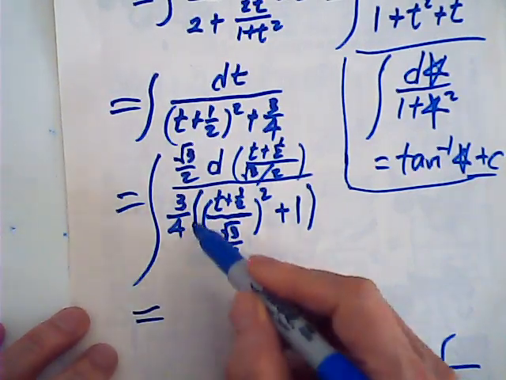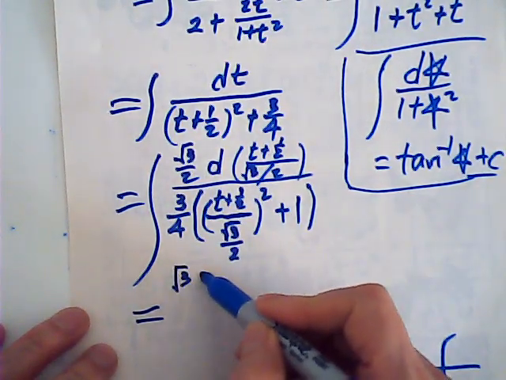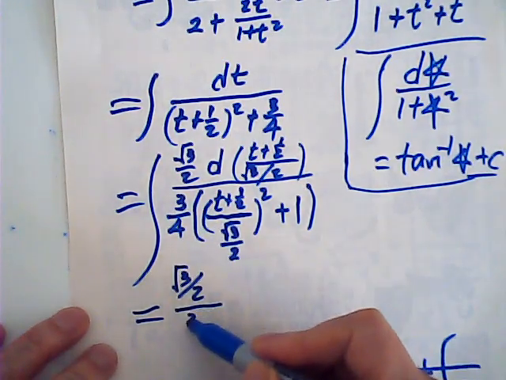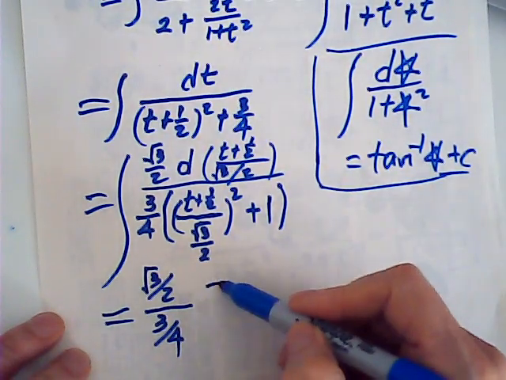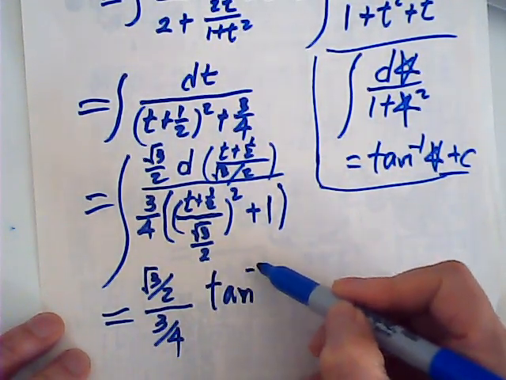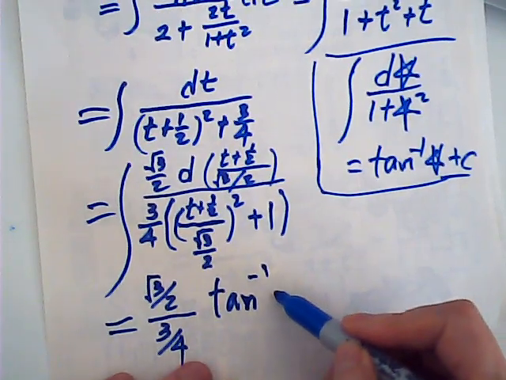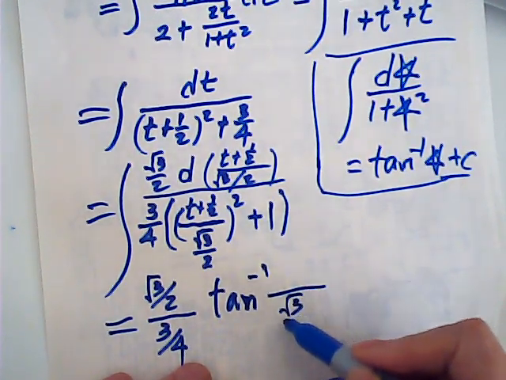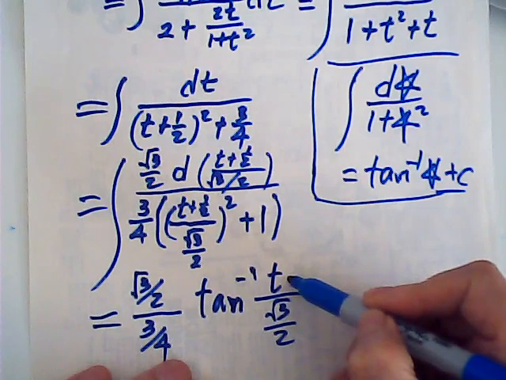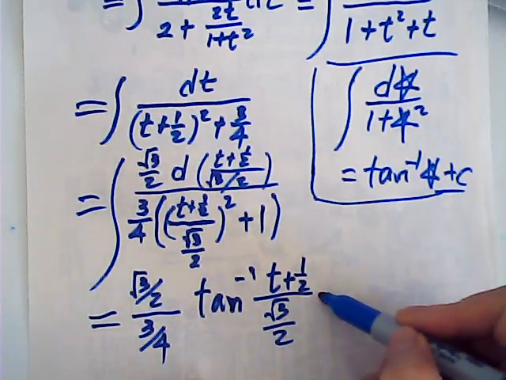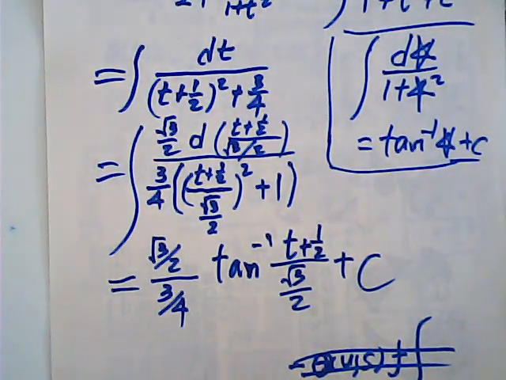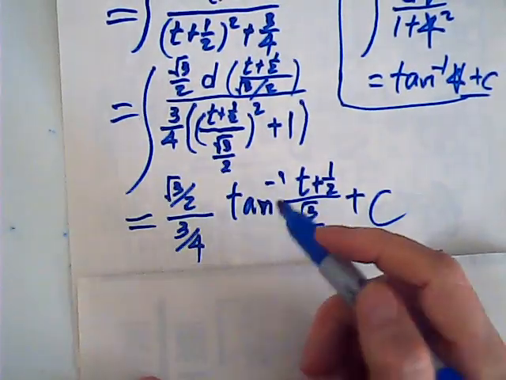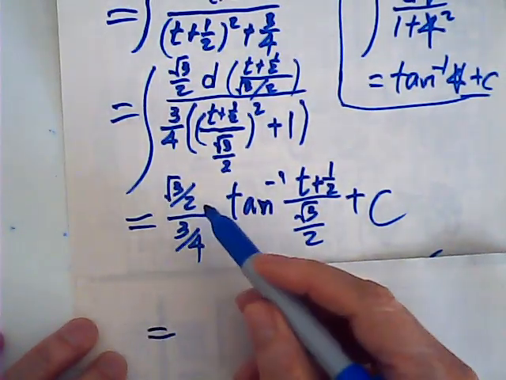Then this will be root 3 over 2 over 3 over 4. And this satisfies this formula, right? Arctangent of root 3 over 2 times t plus 1/2, plus c. Oh, looks messy. Then we can simplify this one.